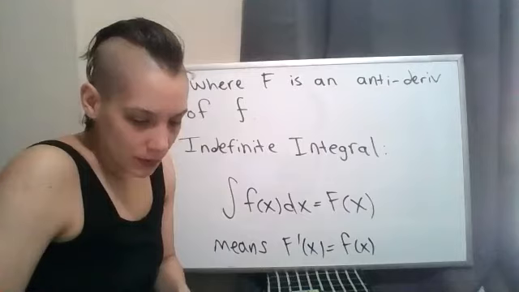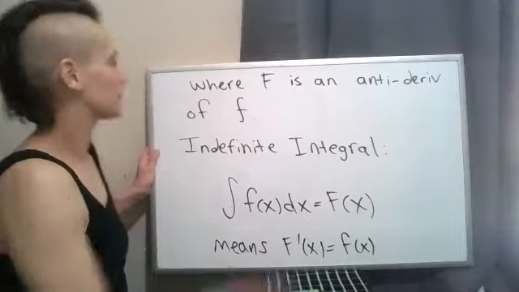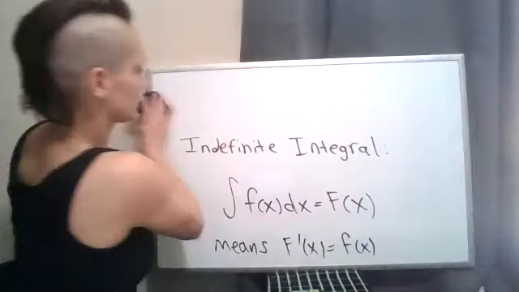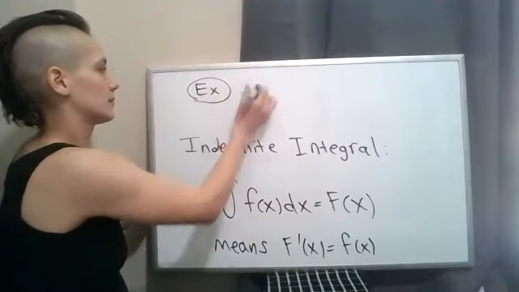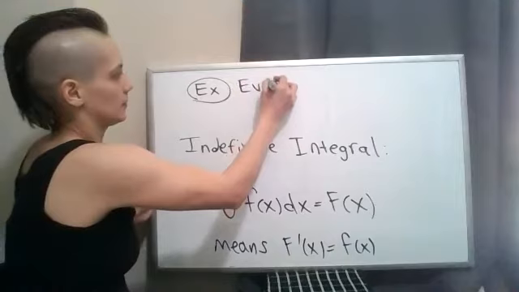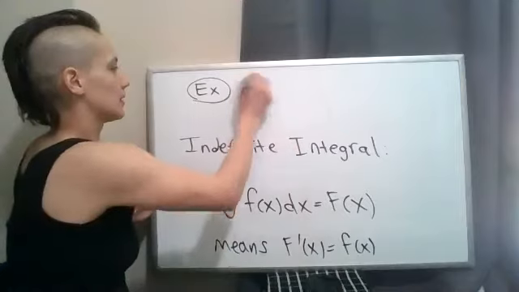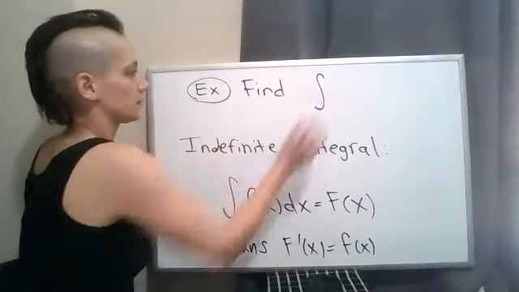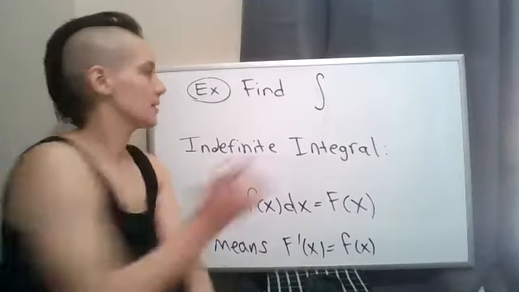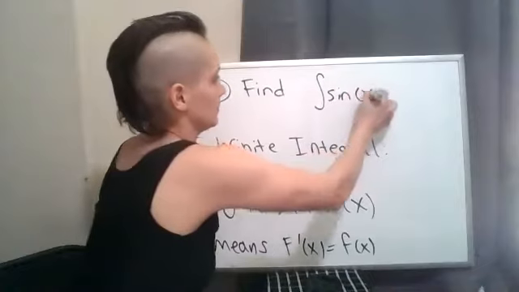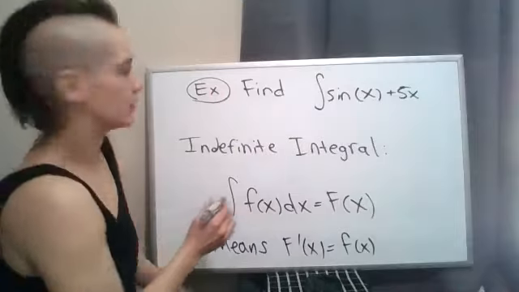Examples. So, first one, you have an indefinite integral of the sine of x plus 5^x plus 2. Here, just put find the integral of sine of x, add 5^x, plus 2 dx.